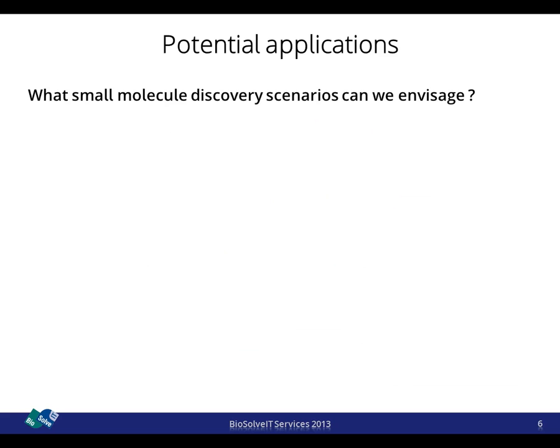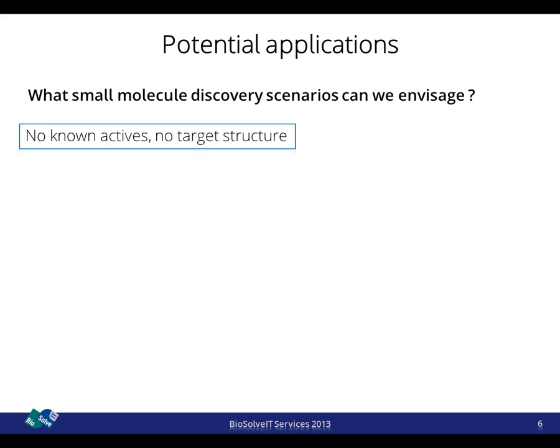So perhaps moving on to the meat and bones of the talk. If you start thinking about what potential applications, generic scenarios you might find yourself in as a drug discovery scientist, you may well be in a situation where you have no known actives and no target structure.